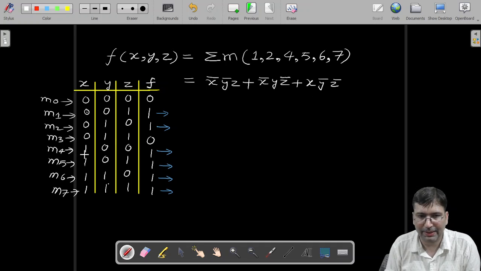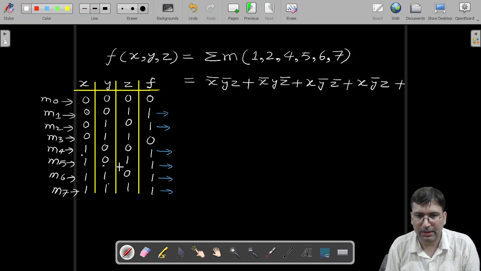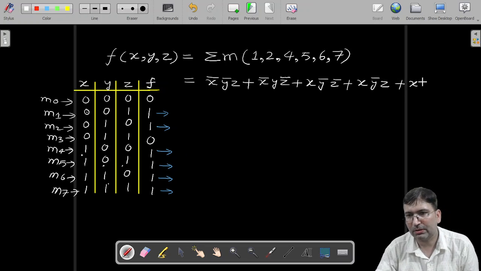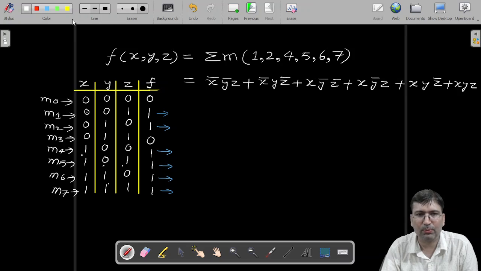Then 5 will be represented like x, y bar, z. 6 will be represented like x, y, z bar, and 7 will be represented x, y, z, right? So we consider this representation as sum of product.